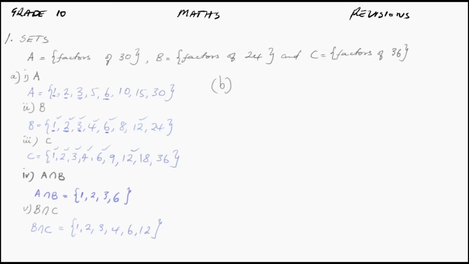Now, that means we are going to look at the three sets: set A, set B, set C. Factors of 30, factors of 24, factors of 36. What we want to do is to find the common factors, elements that appear in the three sets. So we have 1, okay? We have 2.